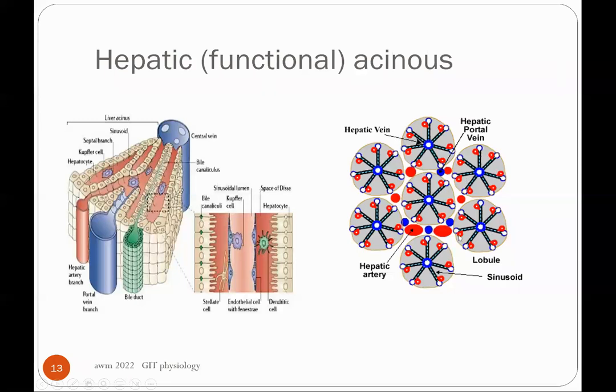Okay, so all these ones in the center will be branches of the hepatic vein. And on the periphery of the hepatic acinus is where you'll have a branch of the hepatic artery carrying oxygenated blood and a branch of the hepatic portal vein. So that blood will be traveling centrally, from the periphery to the center of the acinus. But the bile, which is the one in green, will be traveling in the opposite direction. It will be traveling from the center of the acinus to the periphery.